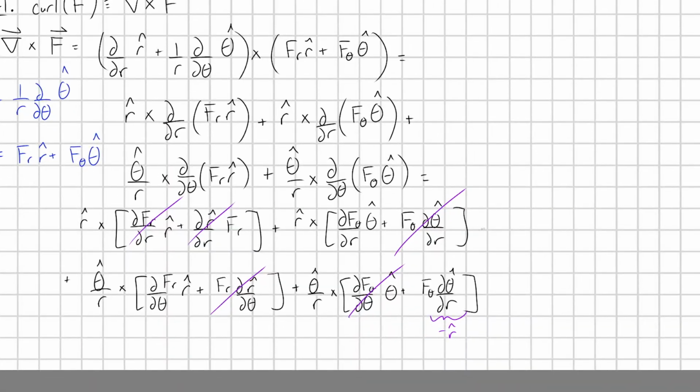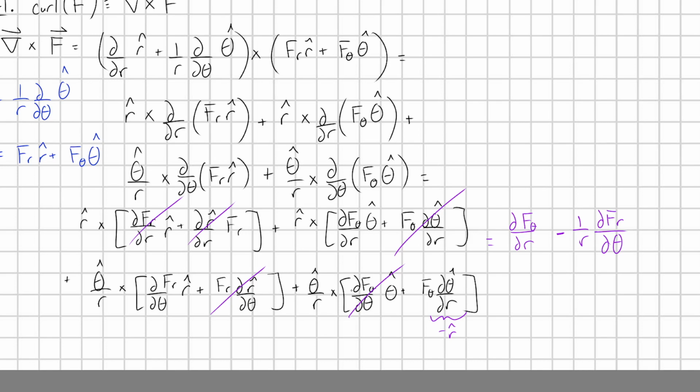Let's write out our results. r hat cross this first term, r hat cross theta hat is just 1, so this gives us df_theta/dr. Next, theta hat cross r hat gives us minus 1, so we have minus 1 over r df_r/d theta.